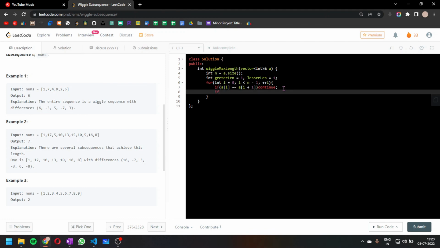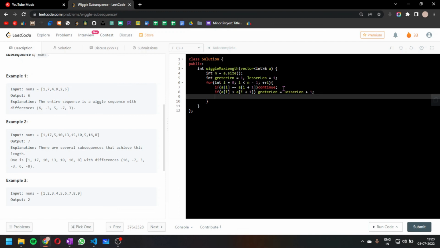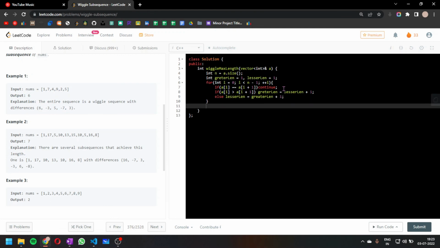Okay, now if a of i is greater than a of i plus 1, then greater length is equal to lesser length plus 1. Okay, else lesser length is equal to greater length plus 1, and at the end we are going to return the maximum of greater length comma lesser length.